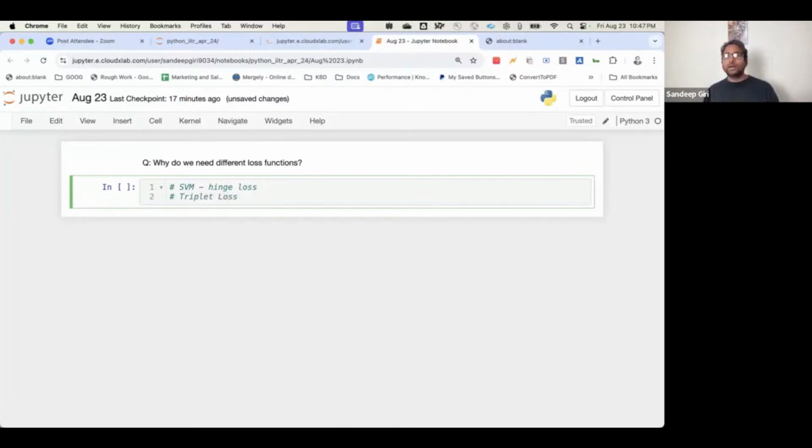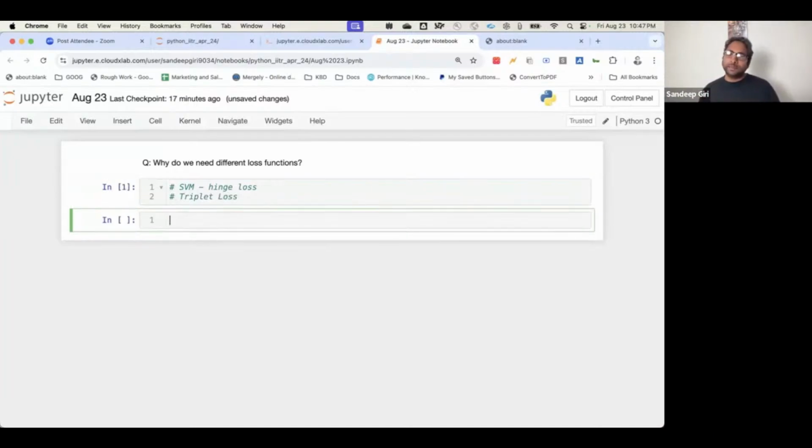Okay, so when you are designing a system or solving a complex problem, there is a chance that you will end up designing your own loss function.